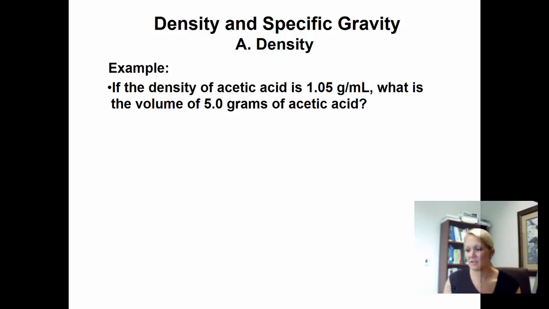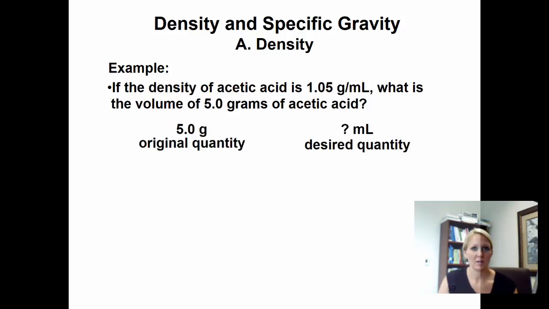So if the density of acetic acid is 1.05 grams per milliliter, what is its volume of 5 grams? What we're going to do is write out our original quantity. We always write out what we know first. That's what we've been talking about through the semester so far. And we're looking for milliliters, but in this case we're not given a conversion factor per se like from a table.